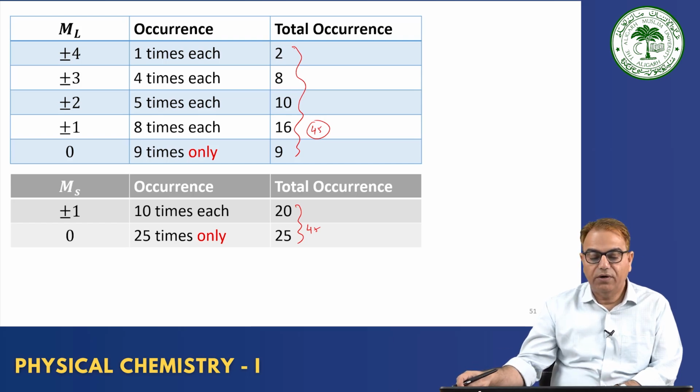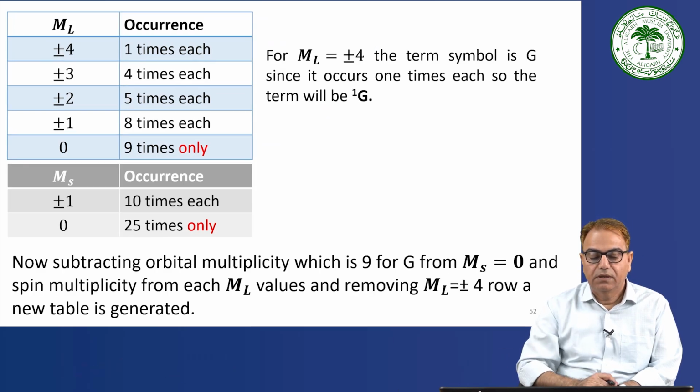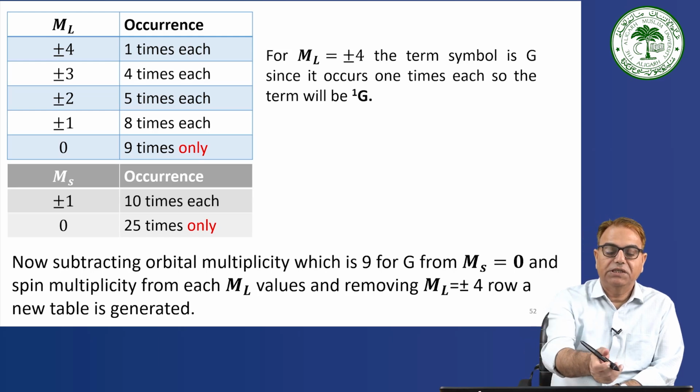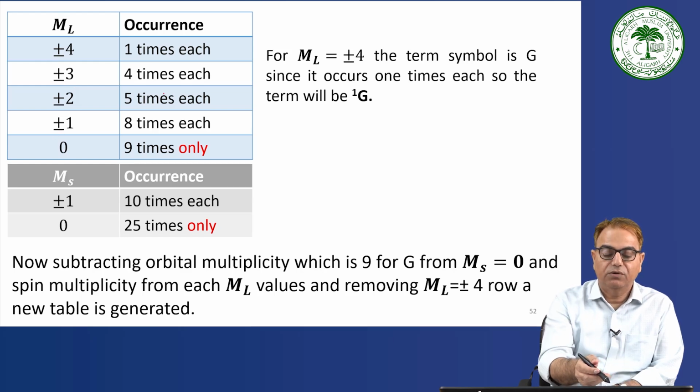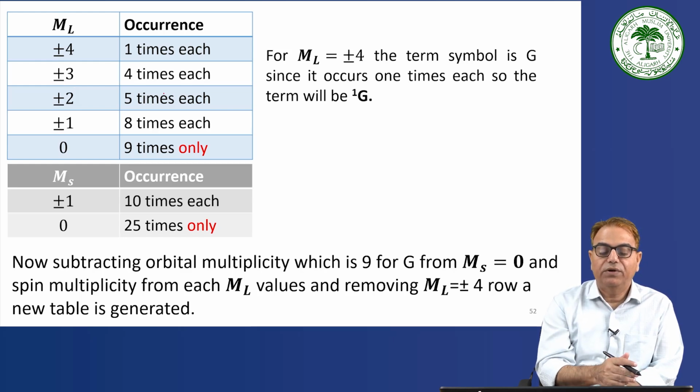Now if you go for writing the ml and ms values, this was the table: plus minus 4, the number I have omitted only, total number, plus minus 3, plus minus 2, plus minus 0, and this was our original table. Now you go for the highest value of ml and write the term for that.